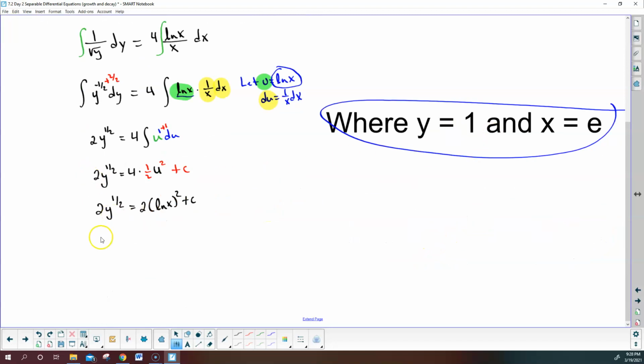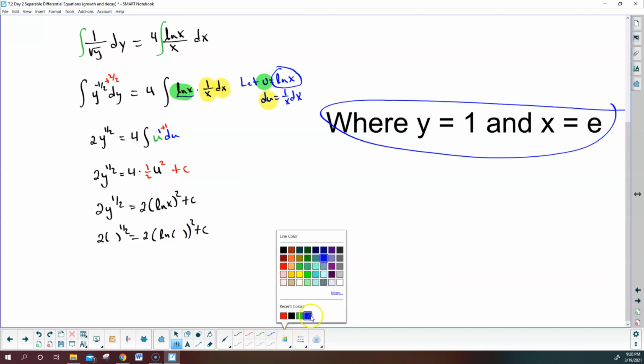All right, we know y is 1. That's pretty friendly. And we know x is e. That's also pretty friendly. So when y is 1, x is e. And now it's just simplifying to find c. So 1 to the 1/2 is 1. 1 times 2 is 2.